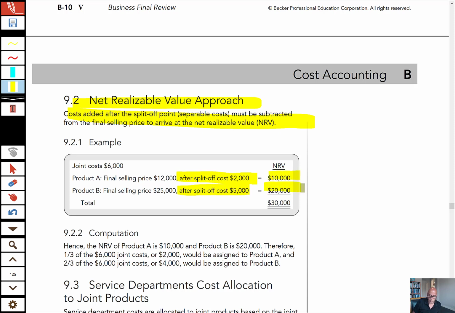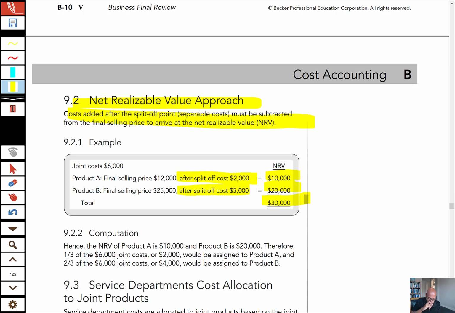To turn this into a running shoe versus a basketball shoe, I have to continue to process it, right? So you take those additional costs off, and now you have the net realizable value at split off, and we have a total of 30,000.